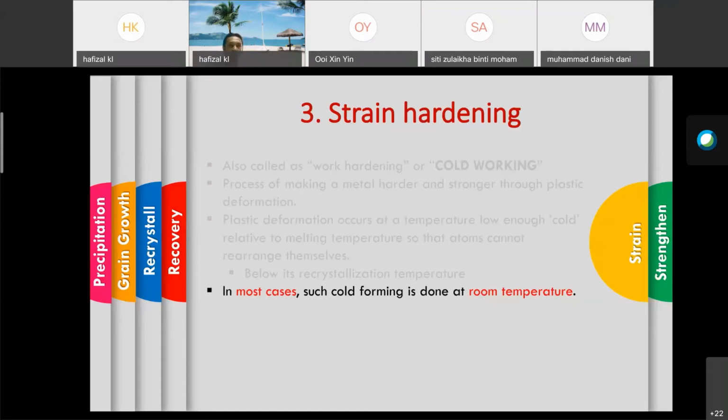Let's say we have sheet metal and we want to bend it into a cylinder or a circular shape using a roller machine. We do it at room temperature, and we can see the advantages and disadvantages of cold working.